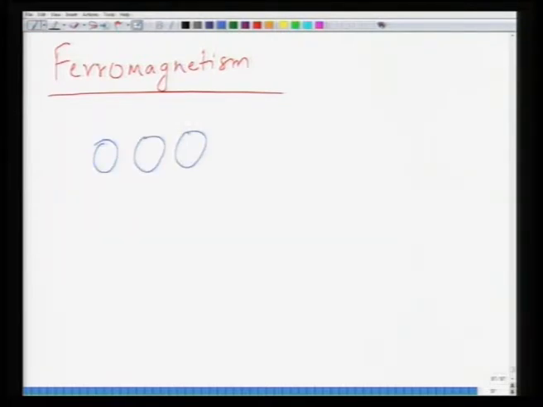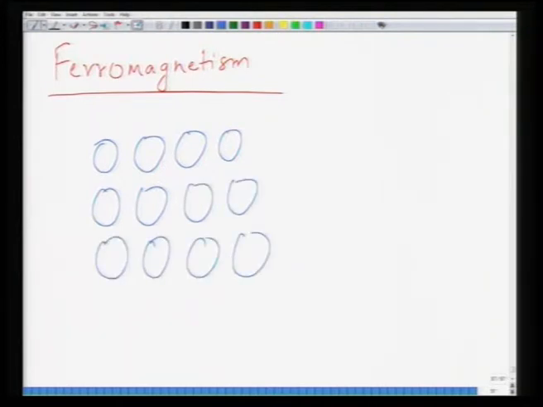So, you have these atoms, for instance, and these atoms have magnetic moments which give you a sort of random moment, but it is not random enough to give you 0 moment, something like that. So, it is a highly idealized picture.